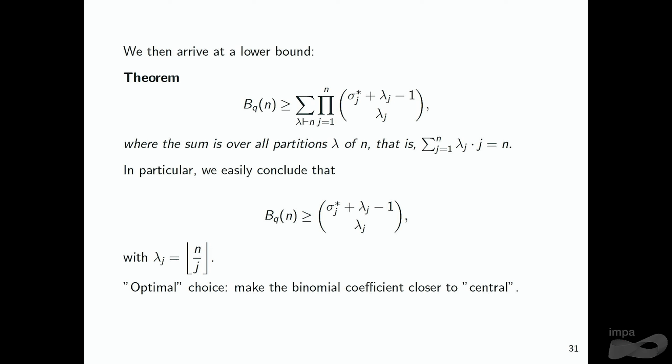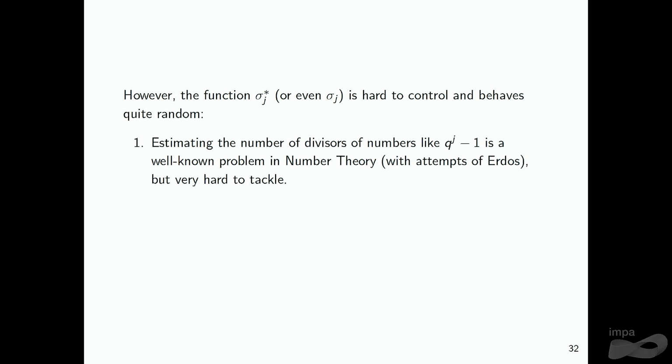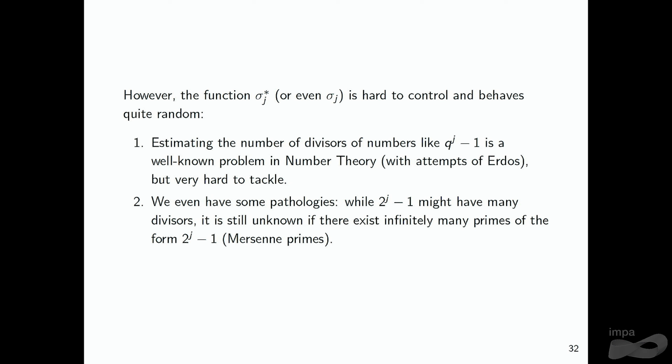The optimal choice would be having sigma j star close to lambda j, but the problem is that this function behaves really wild, right? The number of divisors of q to the j minus 1 as j varies over the integers is actually a classical problem in number theory. There are some papers of Erdős studying this problem, and actually we don't have any satisfying information on the number of divisors of numbers like this.